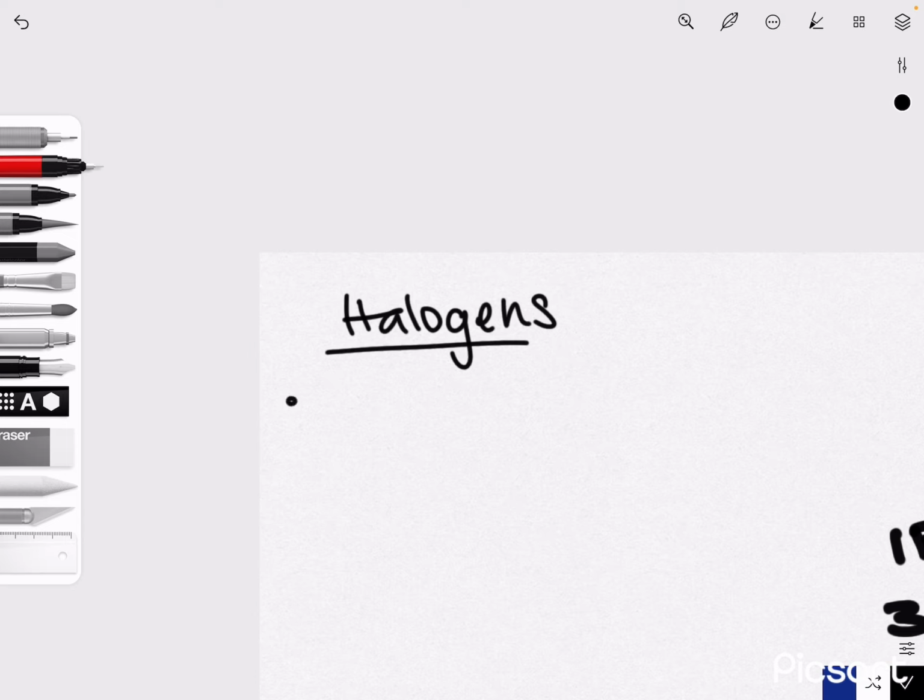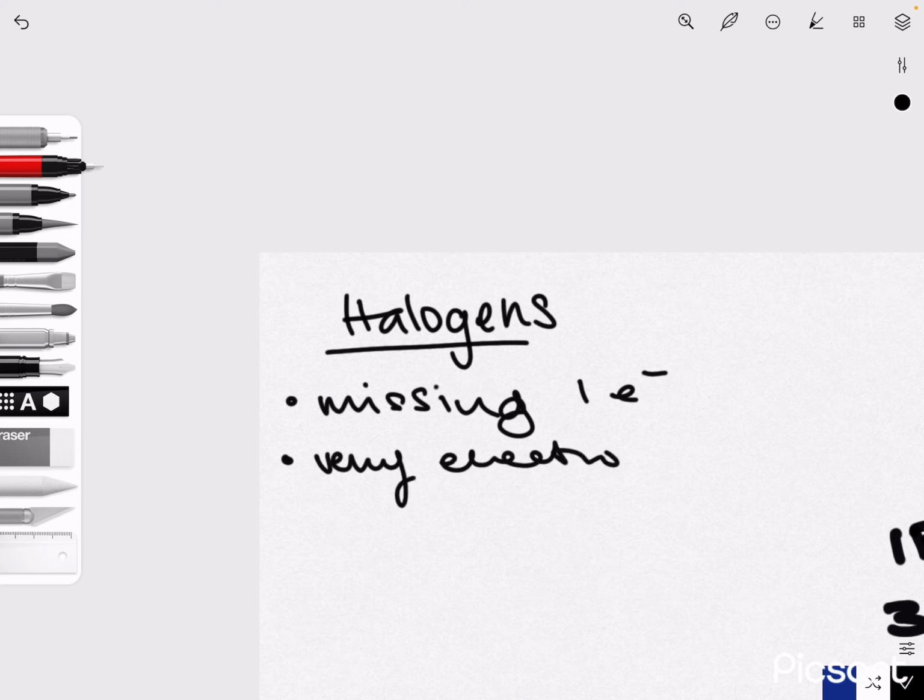So halogens are also very reactive, as they're only missing one electron to achieve a fuller energy level. These are also very electronegative, as they are on the far right of the periodic table.